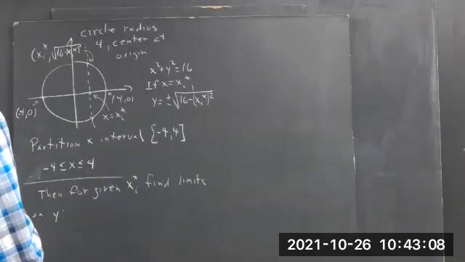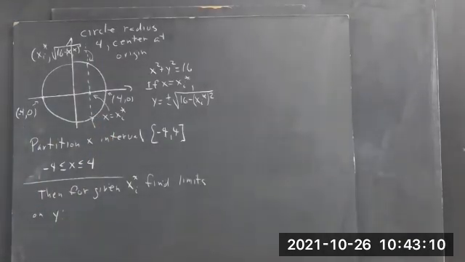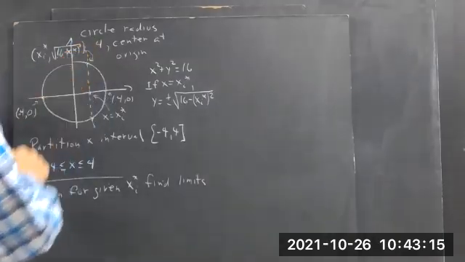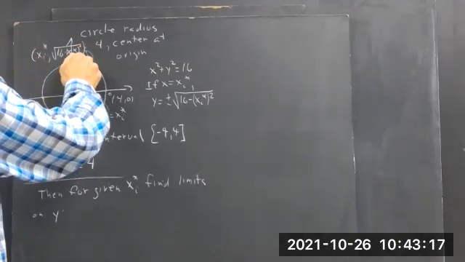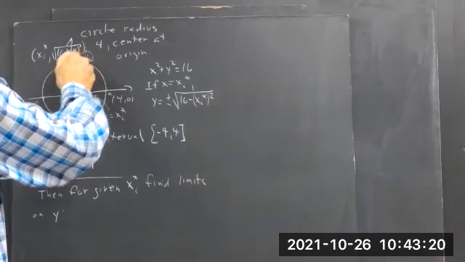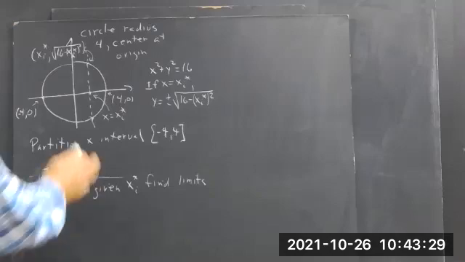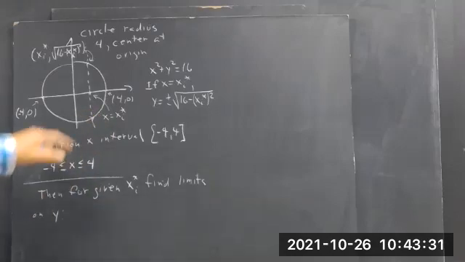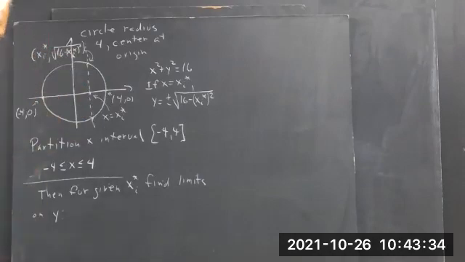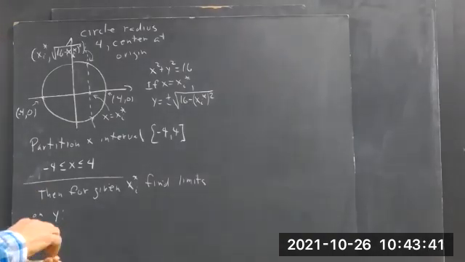And down here, it'll be xi star, negative square root of 16 minus xi star squared. Again, I don't have room to label that. That works just fine.